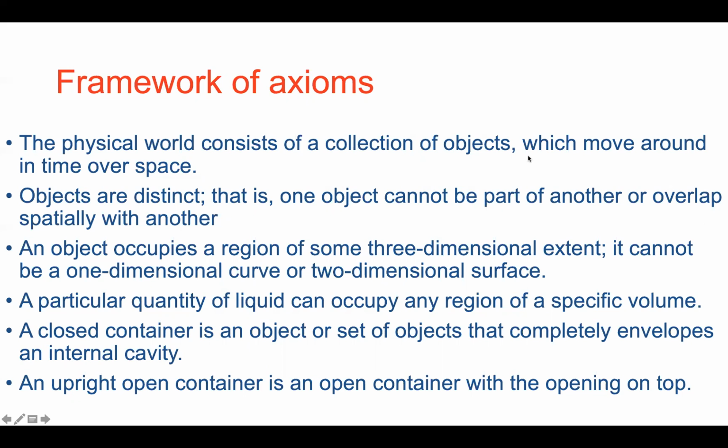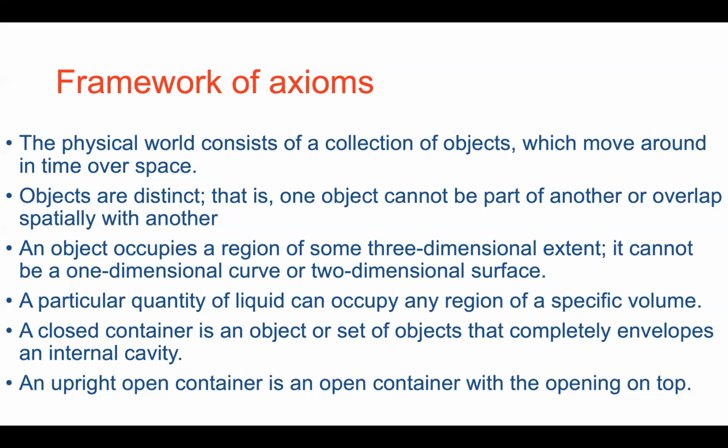So a baby has to learn that this object is different from this object. It's not one or part of the other. And the baby has to learn that the world consists of a collection of objects which move in time over space. An object occupies a region of some three-dimensional extent. It cannot be a one-dimensional curve or two-dimensional surface. So an object occupies a three-dimensional extent.